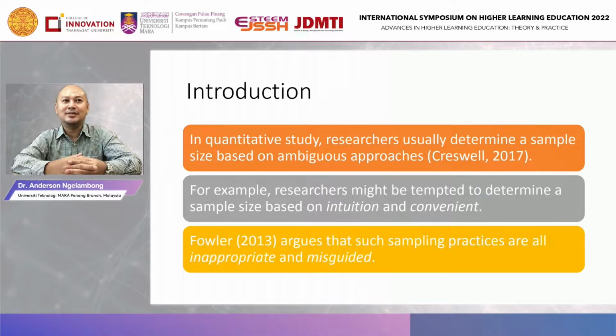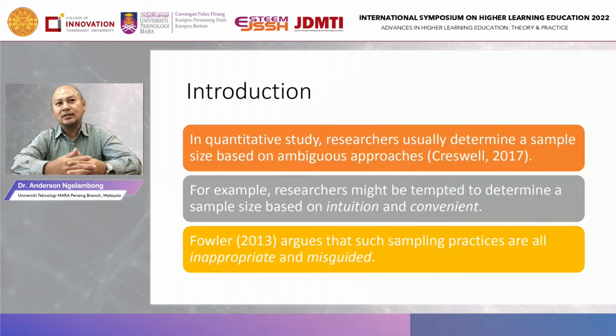So you just have this feeling that this number is good. Maybe you just say that 100, but then there is no statistical evidence to support that 100 is enough for your research. So a researcher named Fowler, 2013, argues that such sampling practices are all inappropriate and misguided.